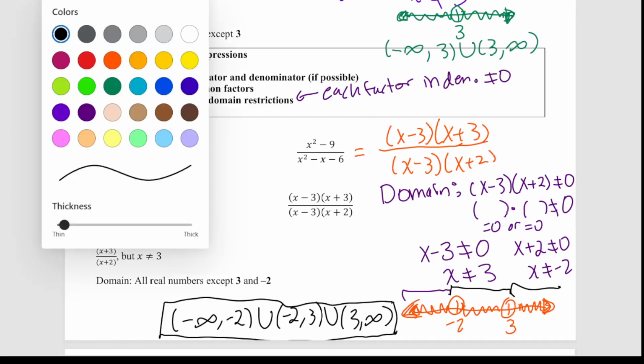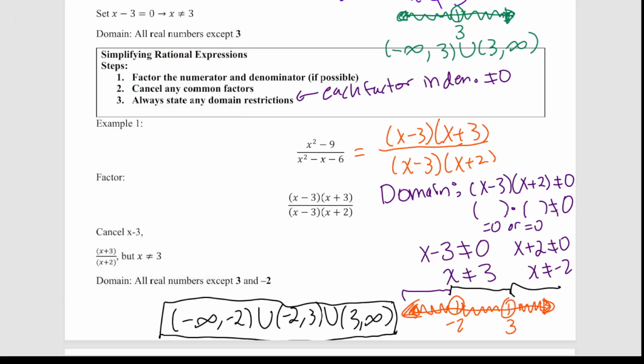However, for the simplified expression, we're going to note that if we ever have something divided by itself, so in this case x minus 3 divided by x minus 3, that's going to equal 1. So that's why we're able to quote-unquote cancel it out to be left with the simplified expression as x plus 3 over x plus 2.